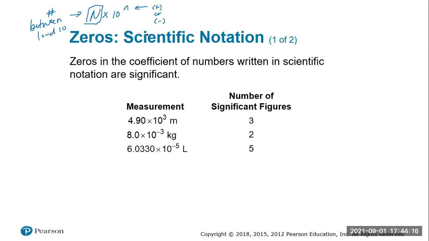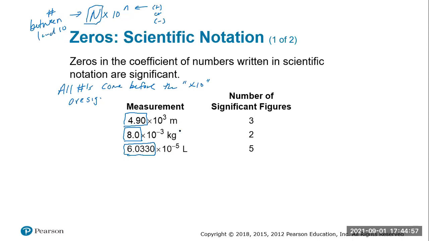One of the important things in terms of significant figures in scientific notation is that all of the numbers that come before the times 10 part of the number are significant. So if we look at this one written in scientific notation, all 3 of these numbers are significant. We look at this one, these are all the numbers that come before the times 10 part. They're significant, which would be 2. And here that is like 5, if I'm counting that right, would be significant.